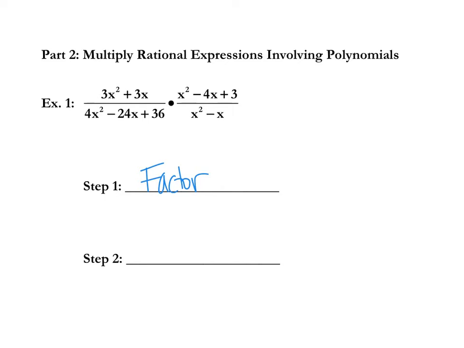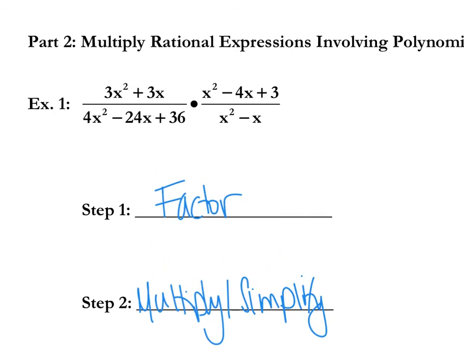Okay, and then basically when you multiply across, we're just making one big fraction and simplifying. All right, so I'm going to do some preliminary work. I'm going to factor each one of these separately and then do my work off to the side. Yes, sometimes this requires a little bit more detail in our work, but that's okay.